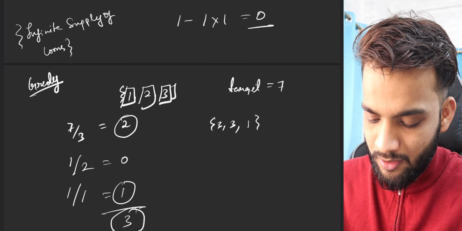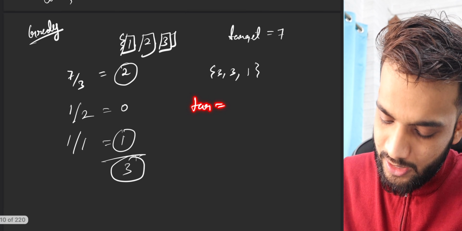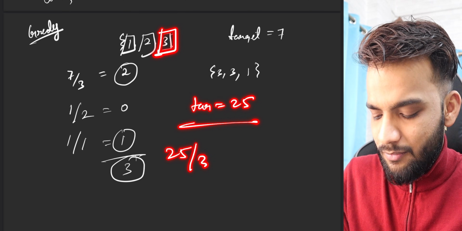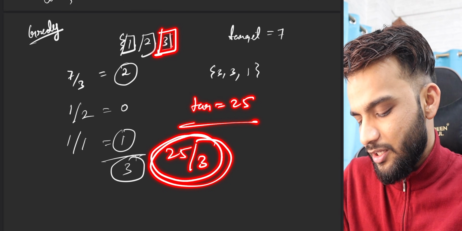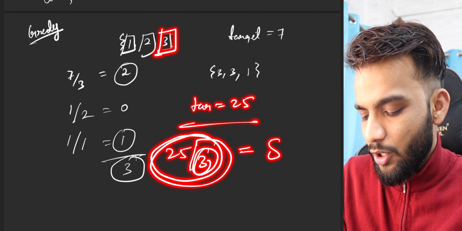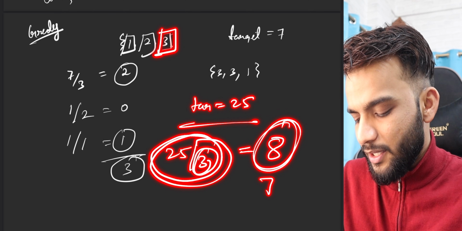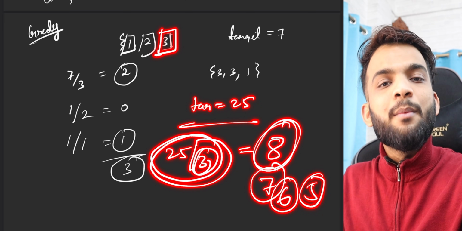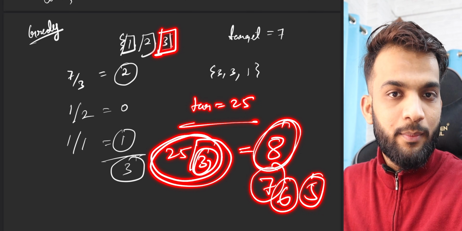I will again repeat. Assume there was a target of 25 and the denomination is 3. It does not necessarily mean that if you're taking the denomination of 3, you take 8 denominations of 3. It can be 7 denominations, it can be 6, it can be 5, it can be any number of denominations. Make sense?